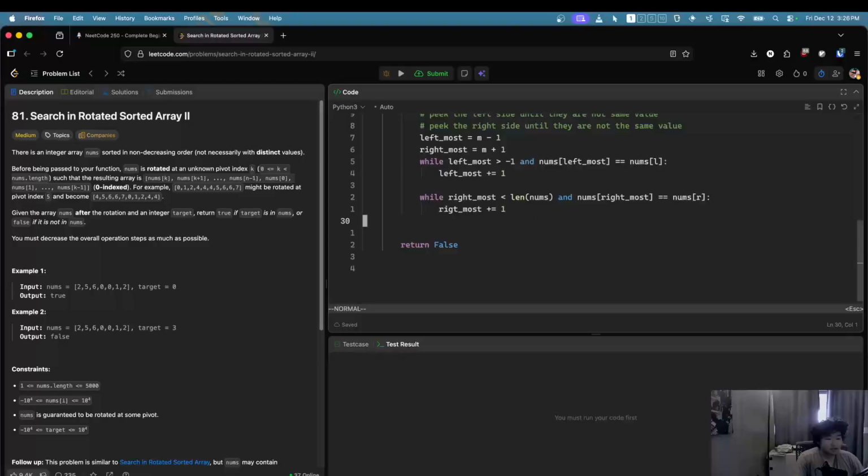Now we can do the check of where we are. So let's say, how do I detect this? So right now, this pivot is, I'm on the left. Yeah, the left side.